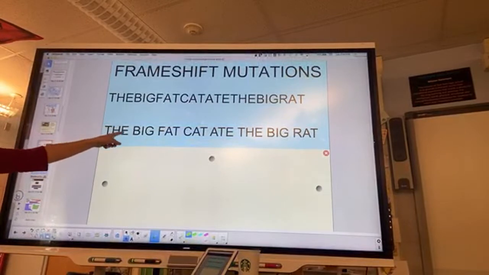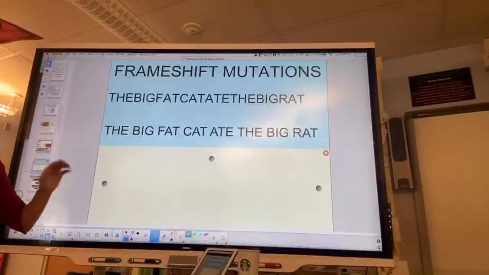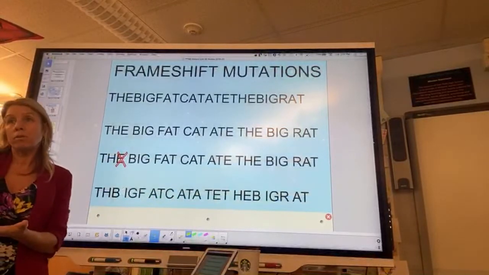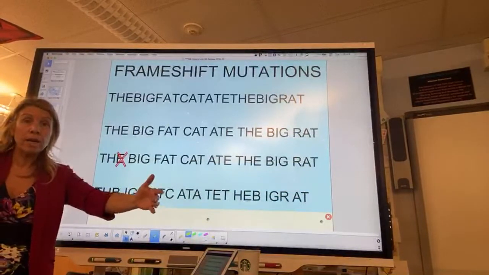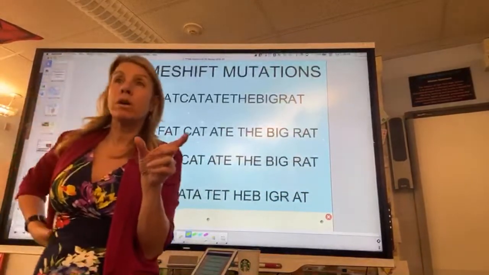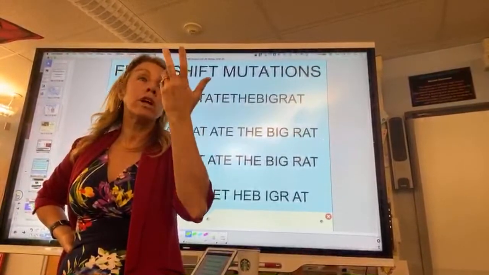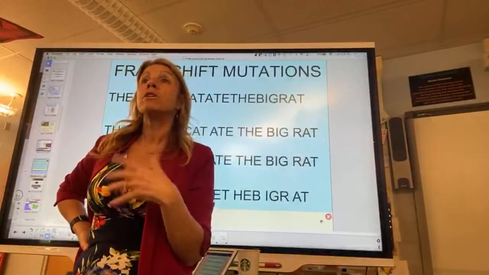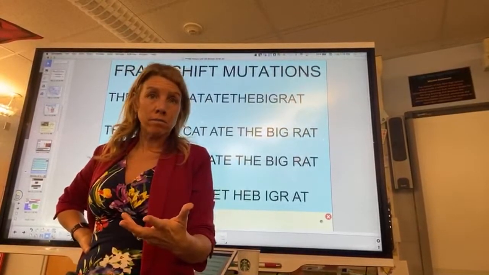And if you eliminate one entirely, then it throws the whole reading frame off, so it will not make any more sense, right? So that's a frameshift when all of them are wrecked. If you just ruin one codon, that's called a point mutation. Like if you have a G where you should have a C. Sometimes point mutations don't cause any problem at all because when we look at that codon chart, sometimes there's multiple ways to get the same amino acid, right?